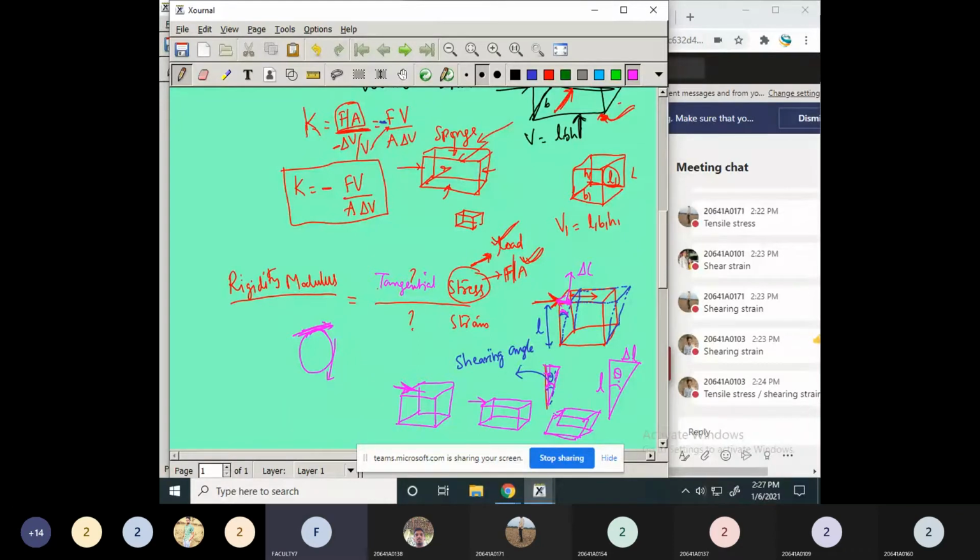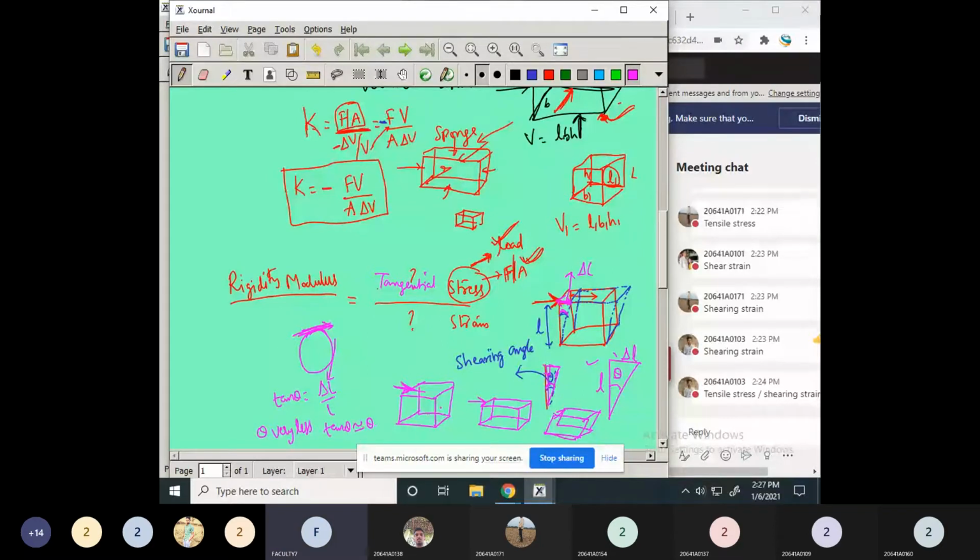Now this particular theta can be given as tan theta, which is delta L by L, this side by this side. If the theta value is very small, then you can write tan theta is approximately equal to theta.